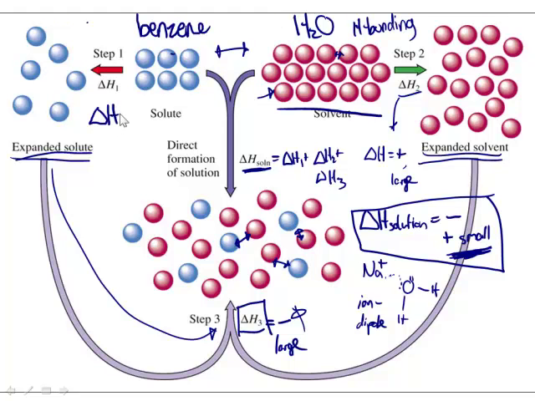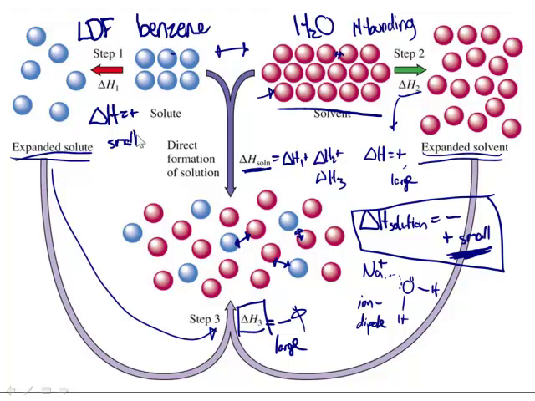Delta H is going to be positive, but if we consider the type of attraction that can occur between benzene molecules, these are nonpolar, so the only possible type of attraction between benzene particles is weak London dispersion forces. Because the attractive force between benzene molecules is weak, it does not take a lot of energy to expand the solute. So delta H here is positive, but it is small.